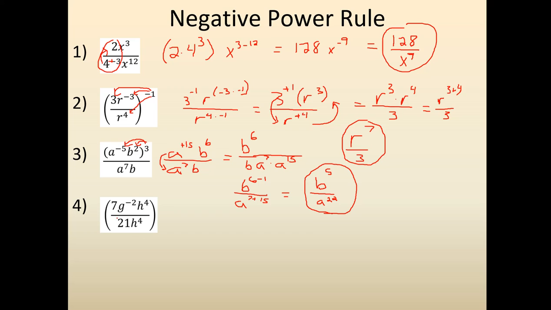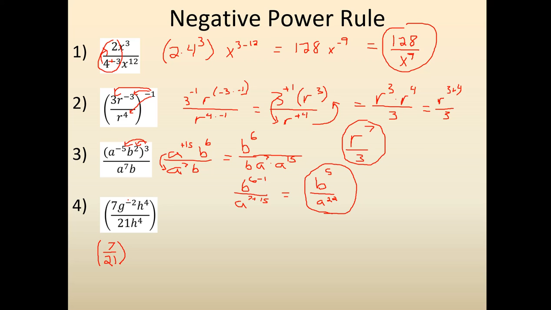And the last question is this. So I have all of this. Right off the bat, I can tell that h to the 4th and h to the 4th are the same. So when I do the math, 7 divided by 21, I'll clean this up in a bit.